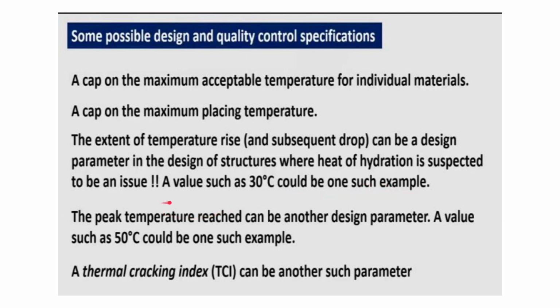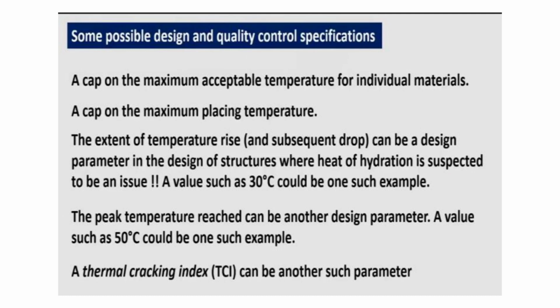If the structure is more delicate, a temperature rise of even 30 degrees centigrade could be an issue for judging the heat of hydration, because that may result in cracks and result in less strength, mainly in HSC, high strength concrete.